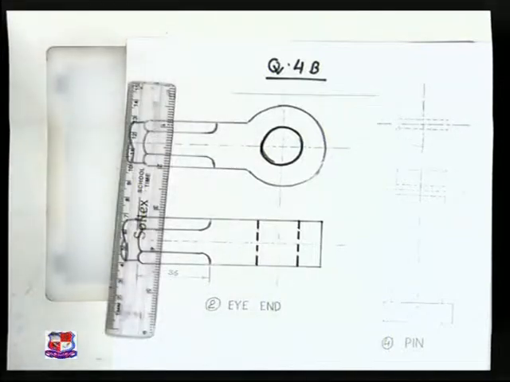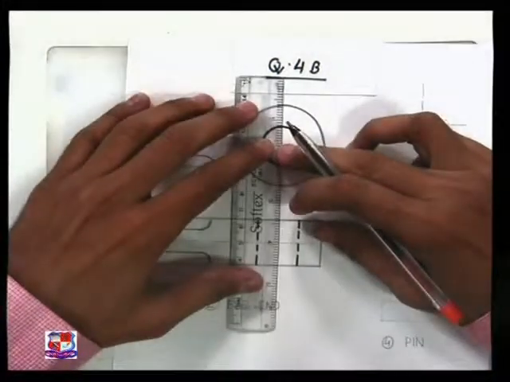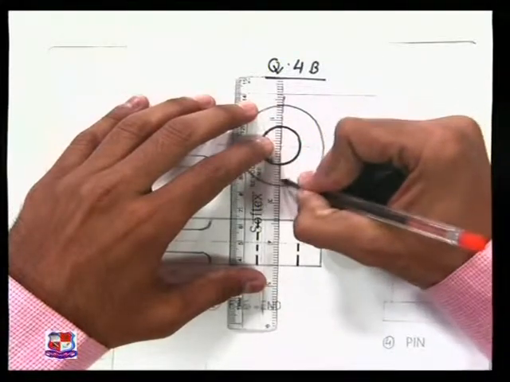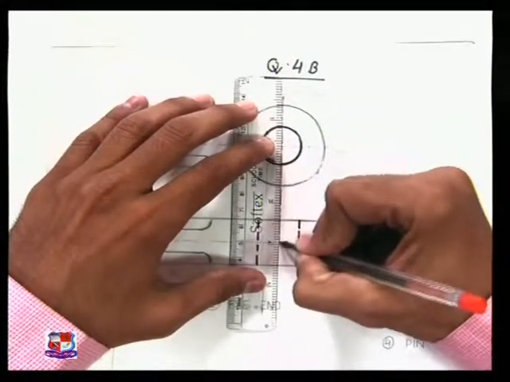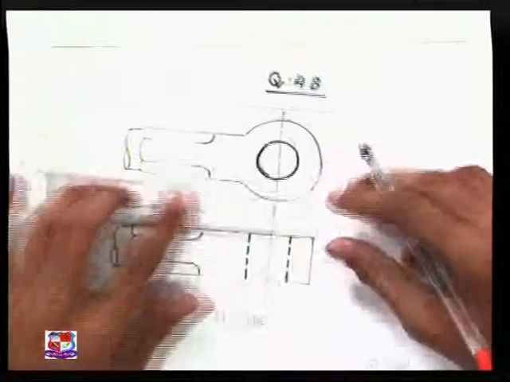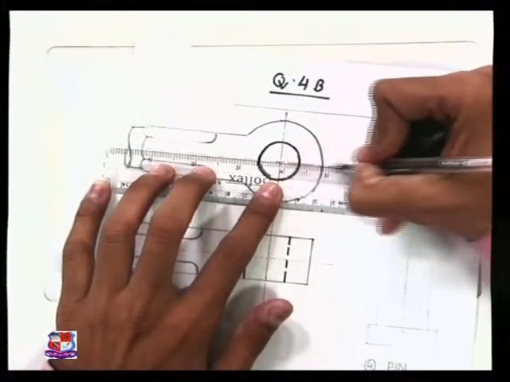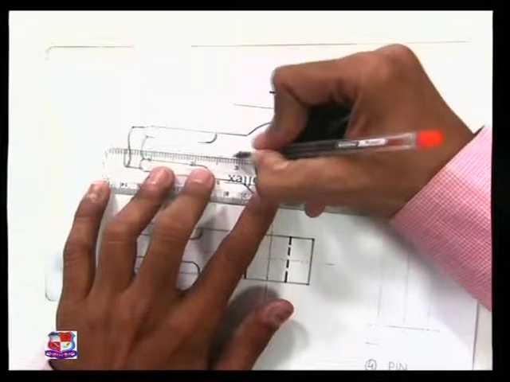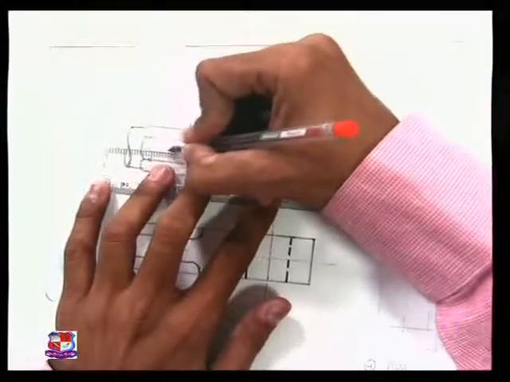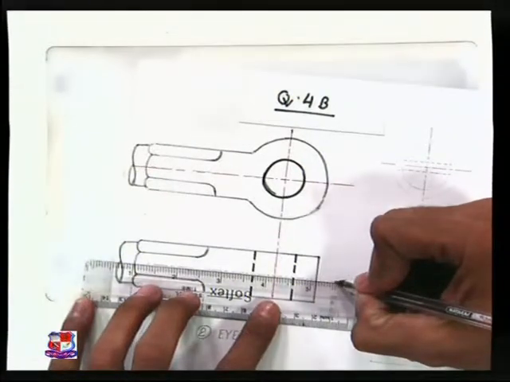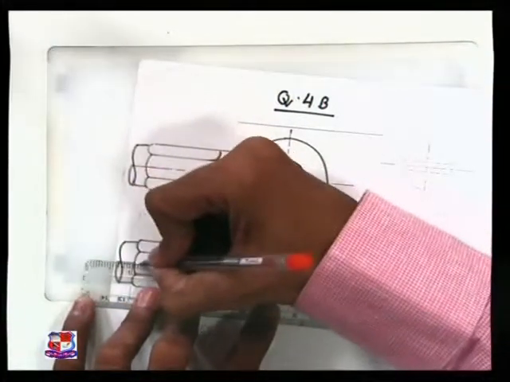And again at the last, of course, we should draw the center lines which pass through the center like this here, as well as a center line over here: a long dash, a short dash, a long dash, and so on. Whenever we draw a center line, we should take care about one thing: the length of each dash should be identical.